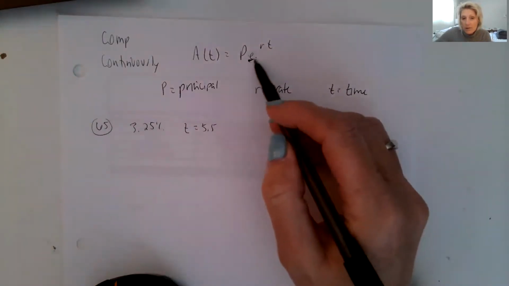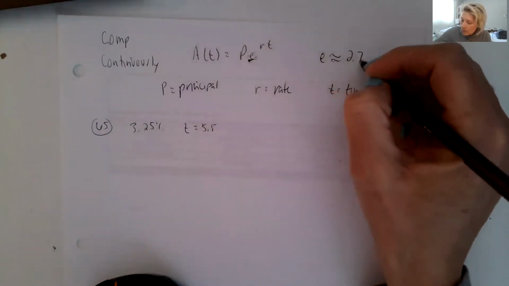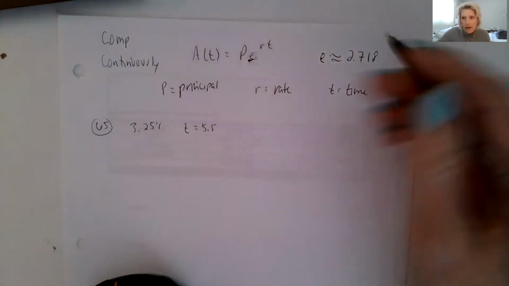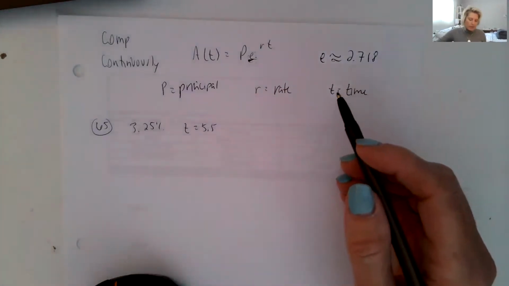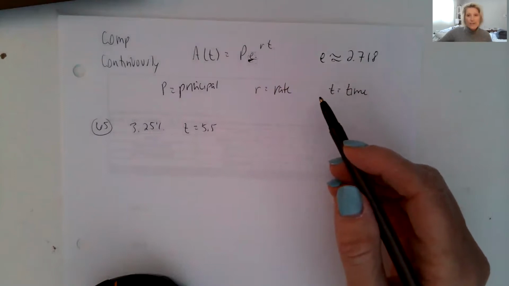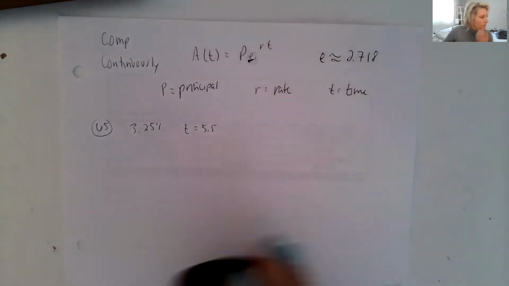It's just we're going to use this natural number e, where e is approximately 2.718. And when we use it in decimals, it uses as many decimal places as it can, so it's very accurate. That's why I want to make sure you're using the natural number e, or your answers will be slightly different if you just use this rounded 2.718.